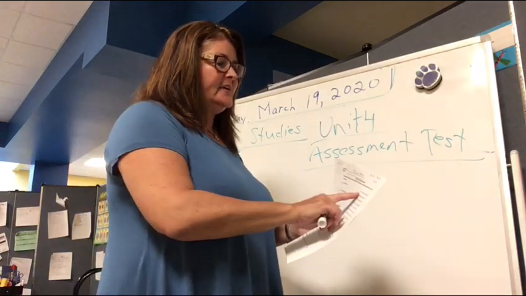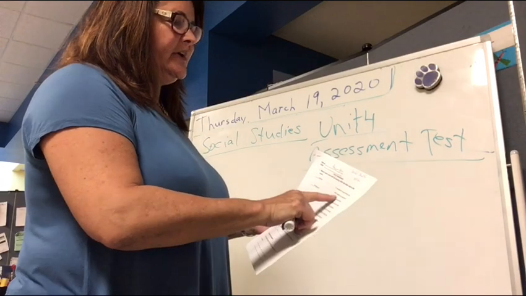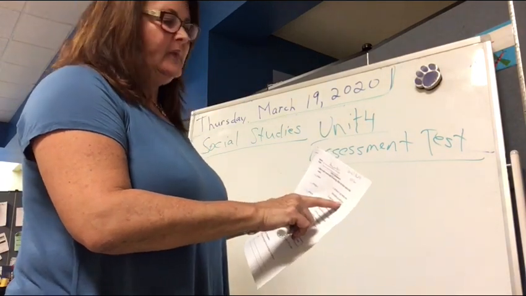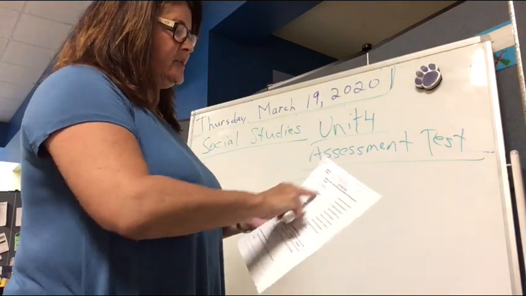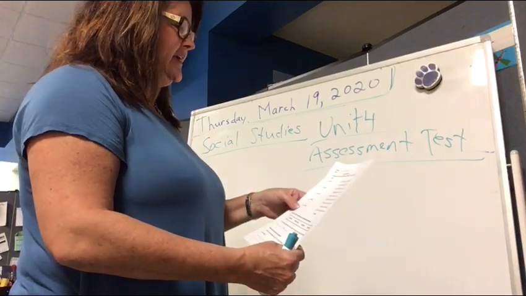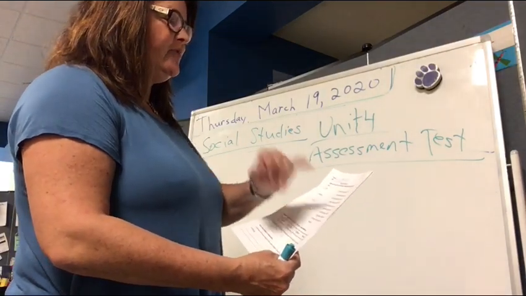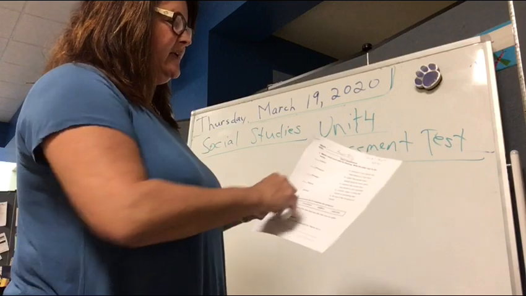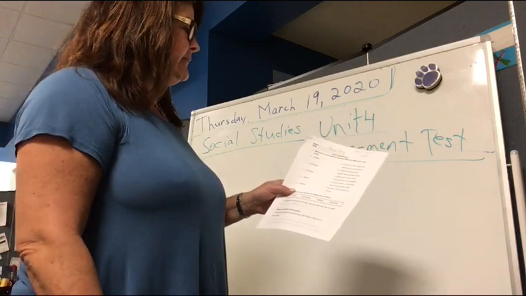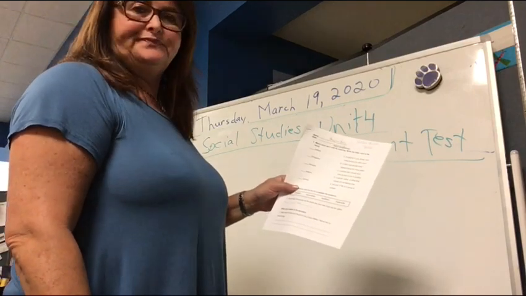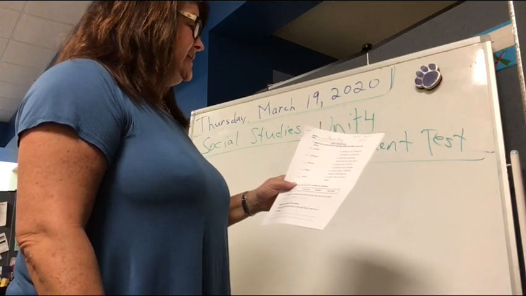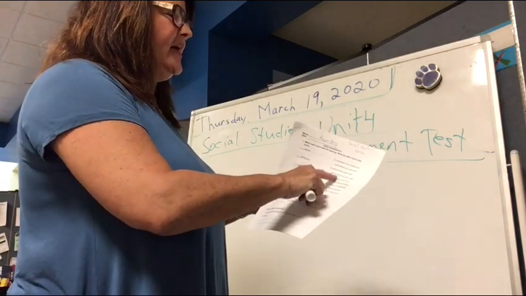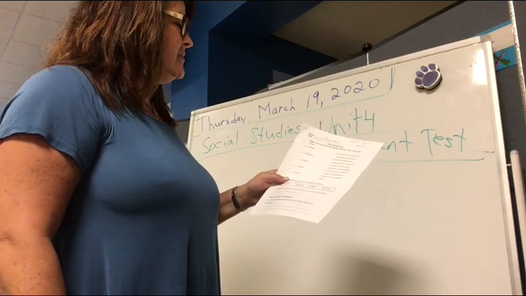So A says, someone in your family who lived before you were born. Which one of these is A? Put A over here. Very good. B, a story that people have passed along for many years.